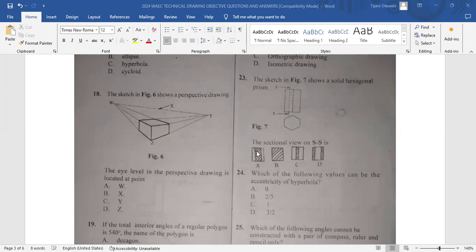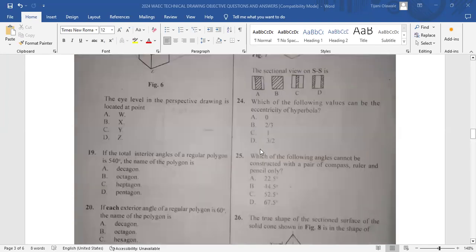Option A is the answer. Then question 24, which of the following values can be the eccentricity of a hyperbola? The answer is option D, that is 3/2.